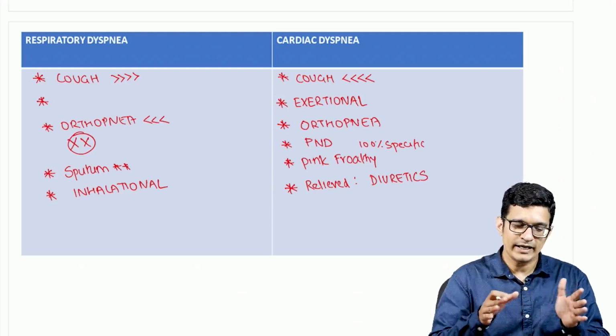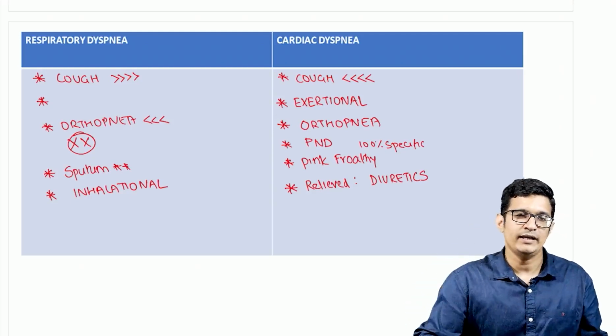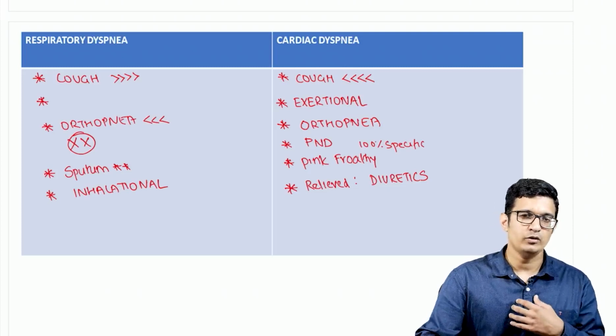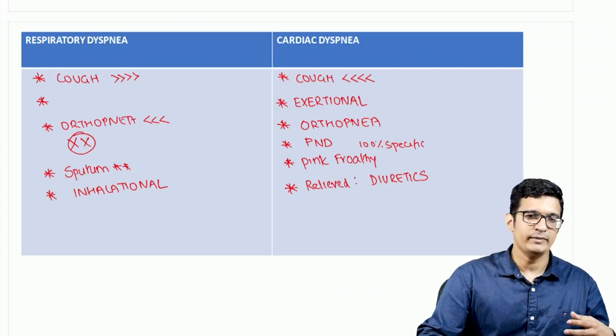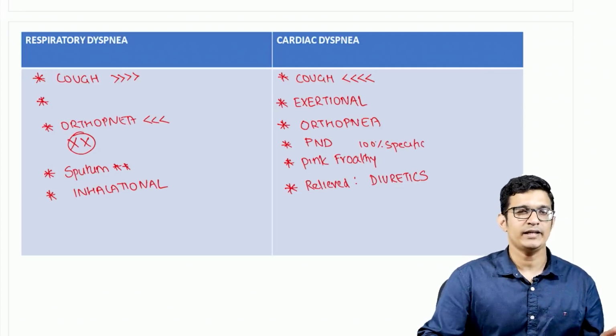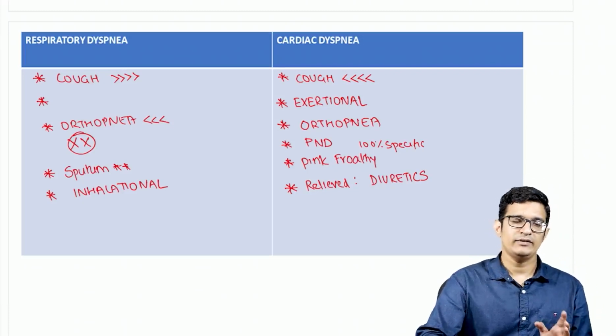A bronchodilator will dilate the airways and increase the air entry into the respiratory system. So somebody having breathlessness due to bronchoconstriction will be relieved by taking a bronchodilator and a steroid, which is an anti-inflammatory and an anti-edema agent. That is something that is very, very important.